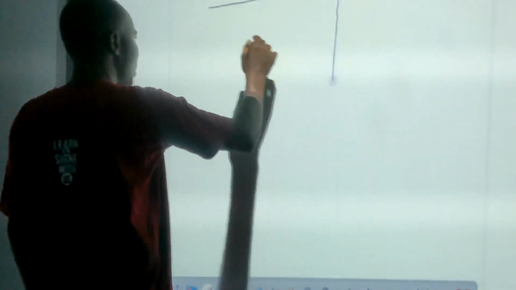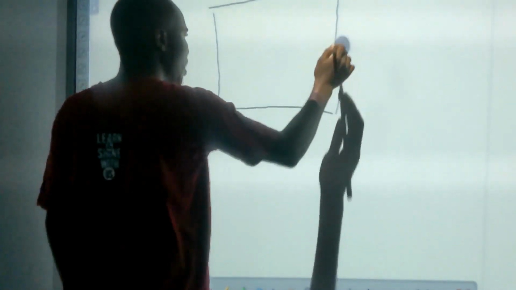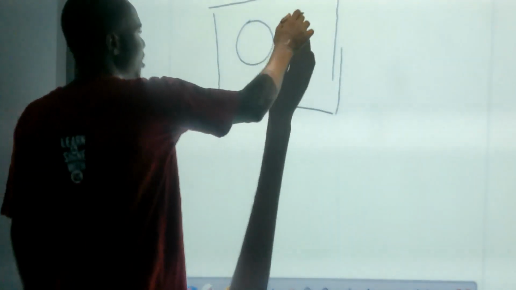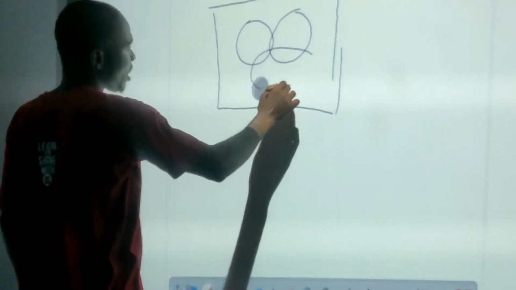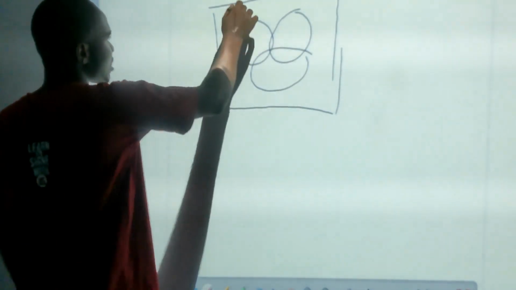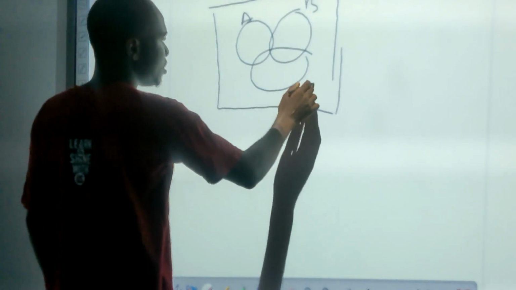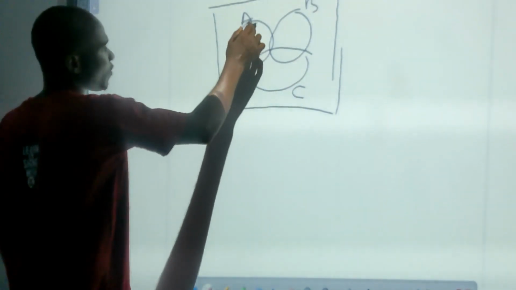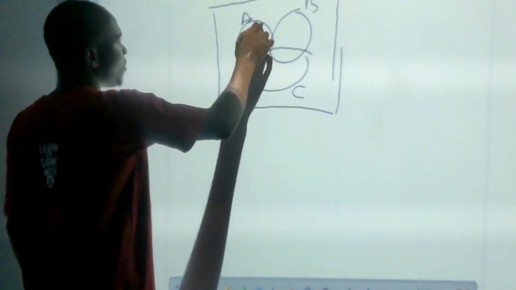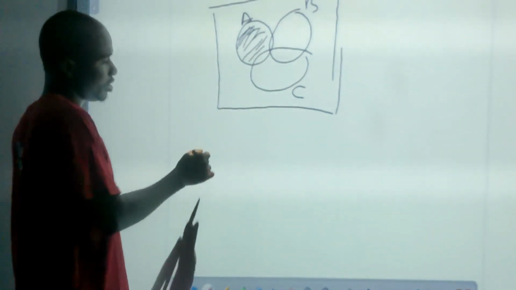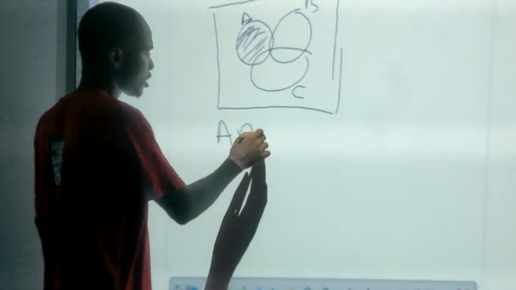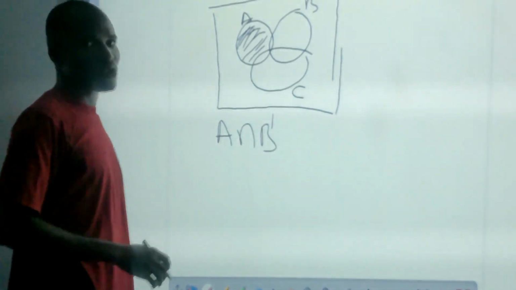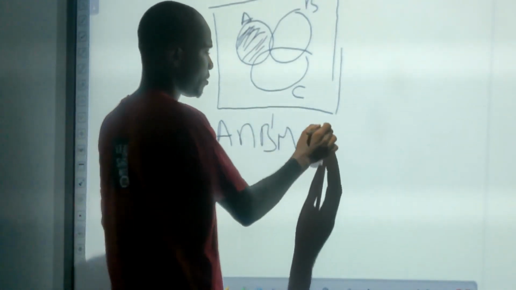Let's talk about a 3 set diagram. The diagram for 3 sets will be illustrated in this manner. We have set A, we have B, and we have C. So I now shade here, this is our A, this is B, this is C. I shaded only part of A. So this will be defined as A intersection B prime intersection C prime.